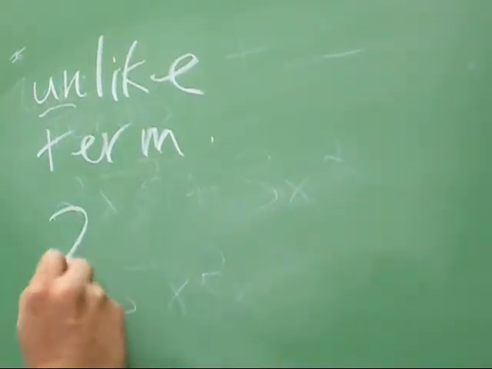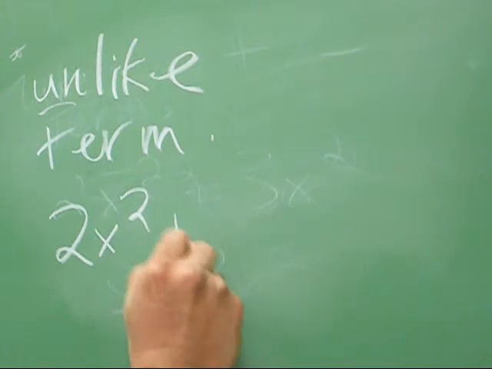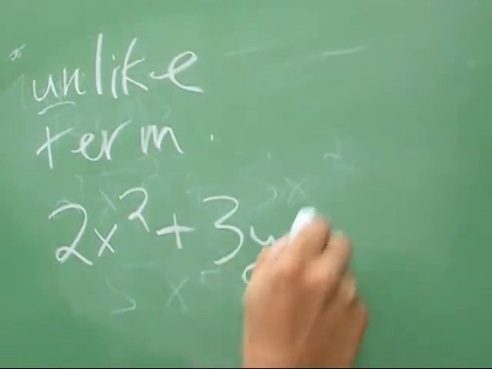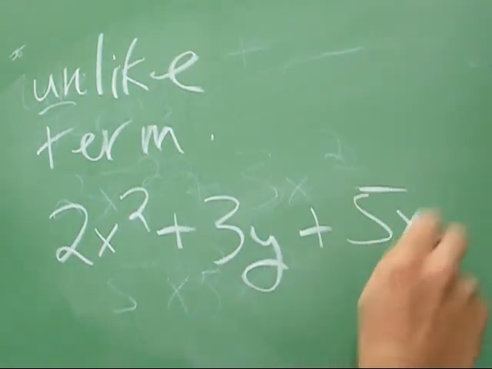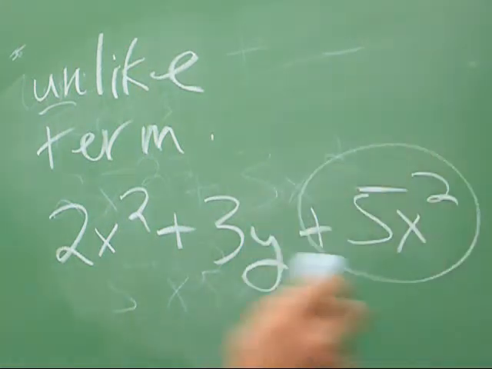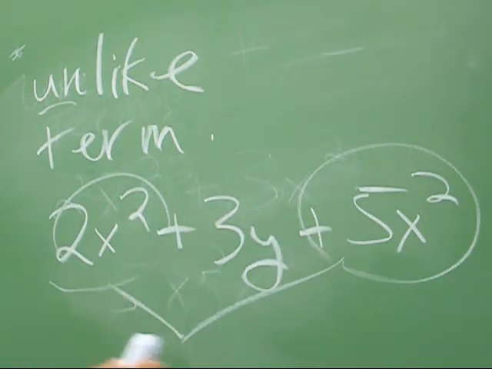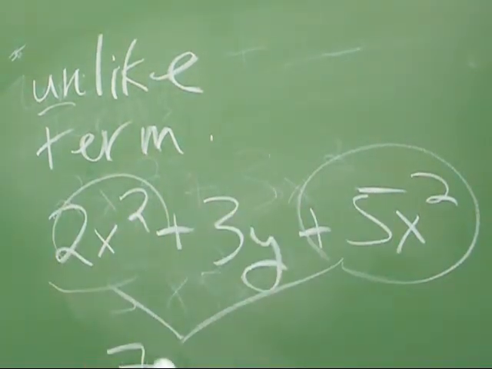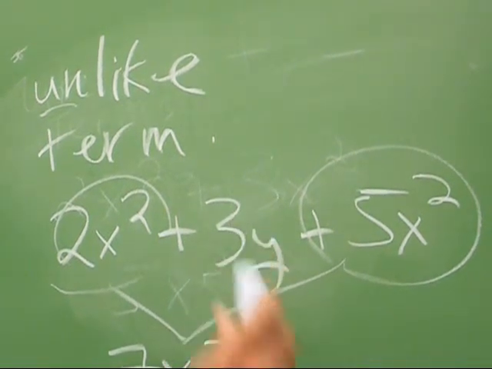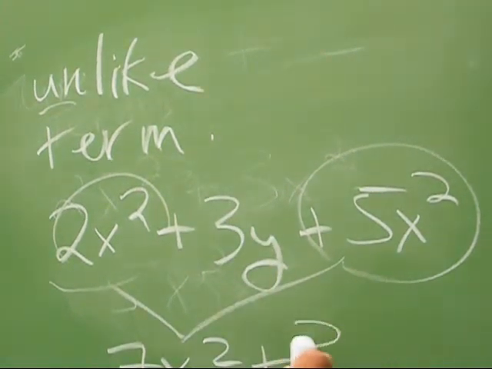So if I have something like this, 2x squared plus 3y plus 5x squared, these like terms can combine, 5, 6, 7, and the 3y is left there kind of on the outside.